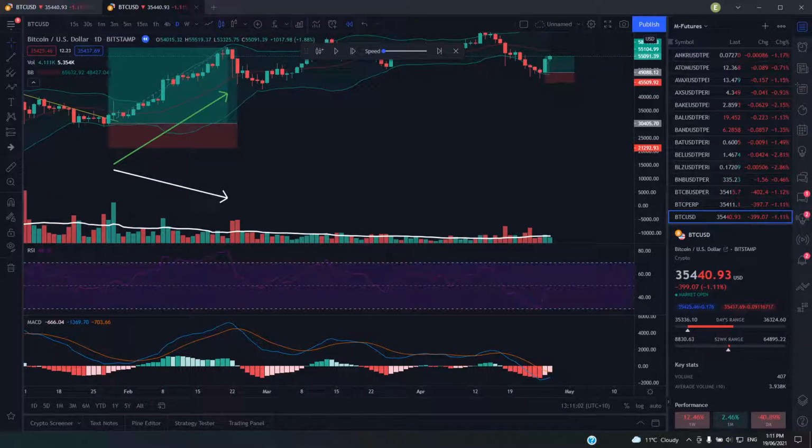The second thing I would look for, so let's say, sell signals: when price is rising and volume is decreasing.